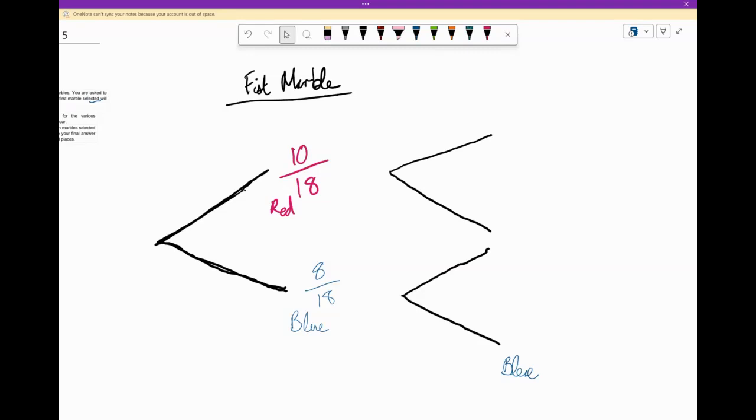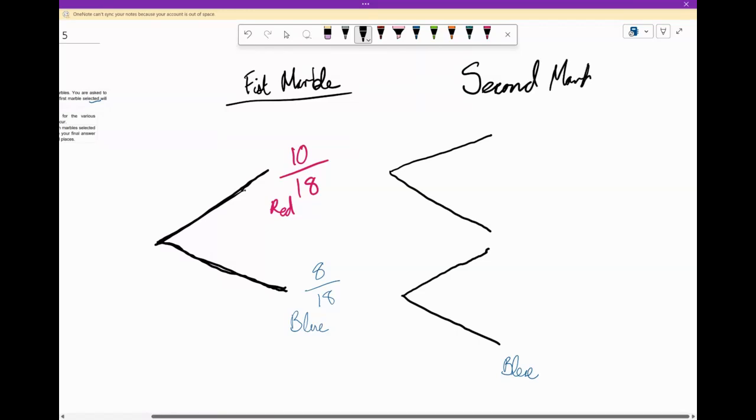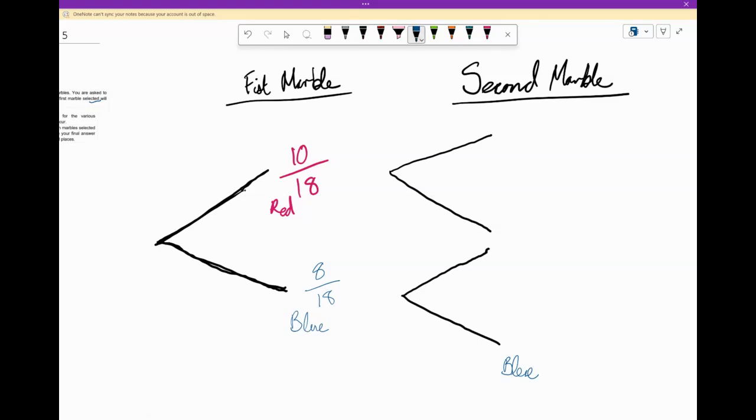So on the second attempt, the second marble that we select. So it's not going to be 7 over 18, I'm saying 7 over 18, because it's not like the marbles reduce. It doesn't come back, it does reduce. 7 out of 17. We together? Yeah. All right, so 7 out of 17.